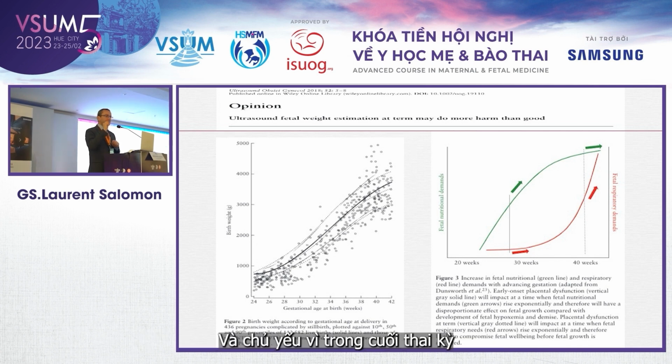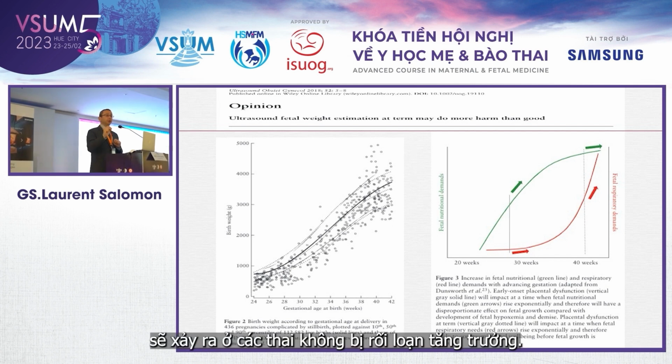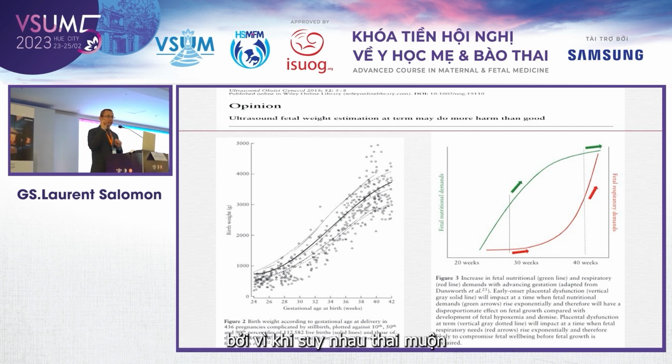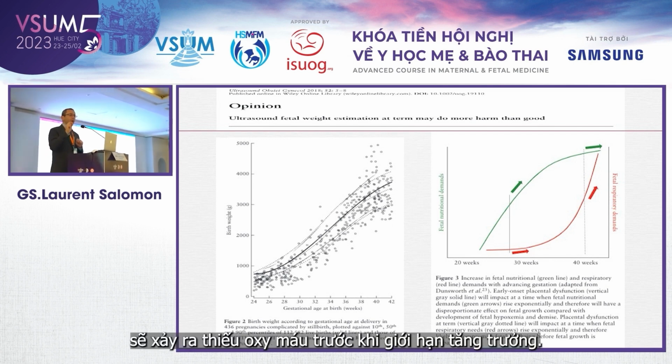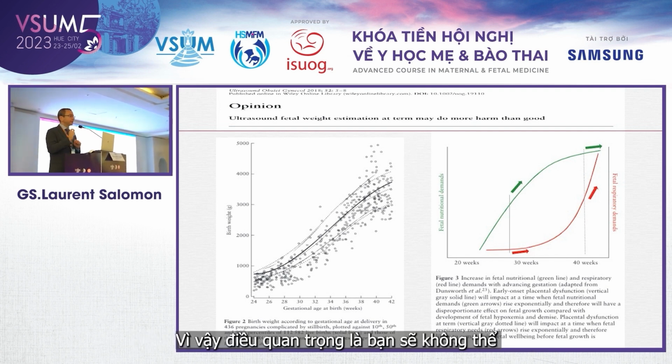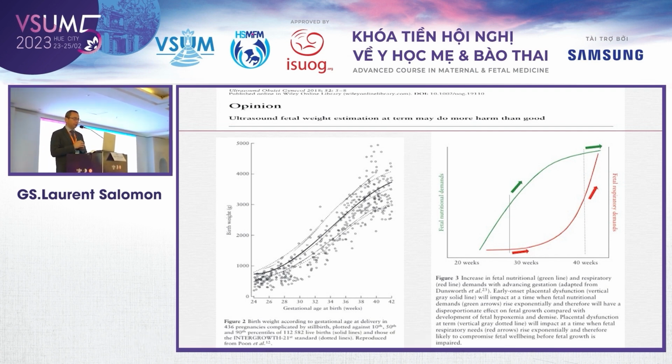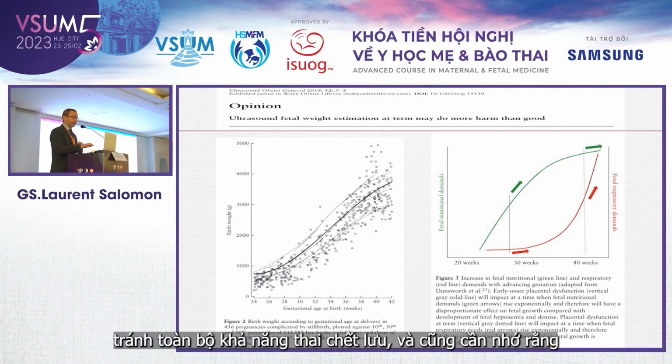And this is mainly because late in gestation, most of the intrauterine fetal demise that may occur, even related to placental insufficiency, will occur in babies that are not small, because in late placental insufficiency, hypoxemia will occur before growth restriction occurs. So that's important to understand, that you will never be able to avoid all intrauterine demise.